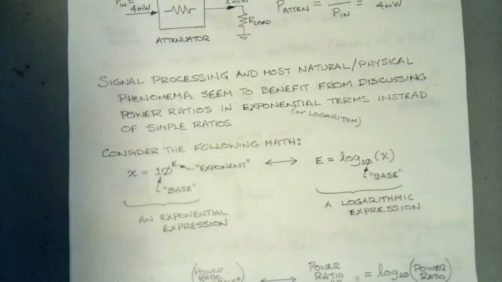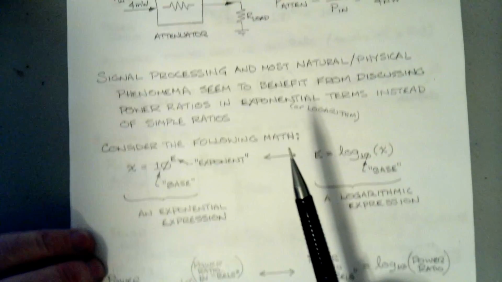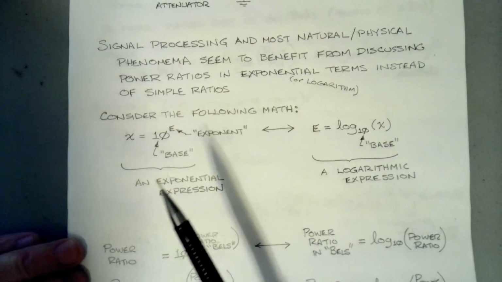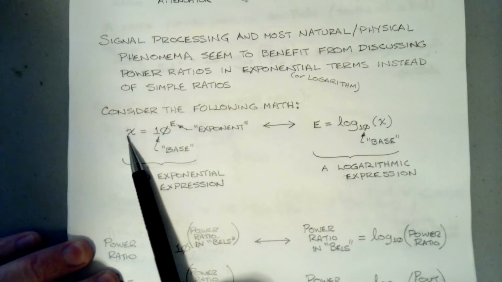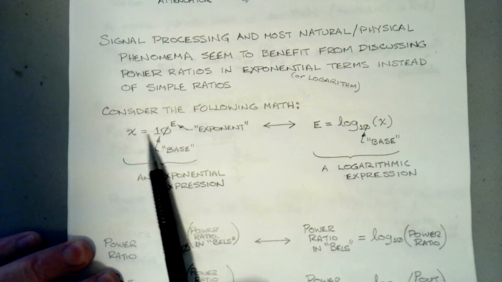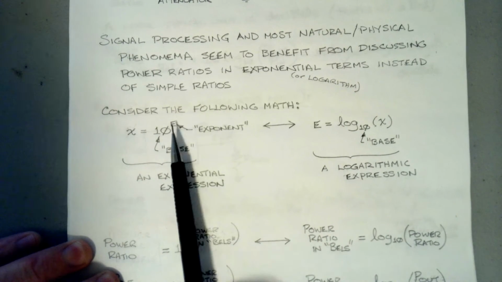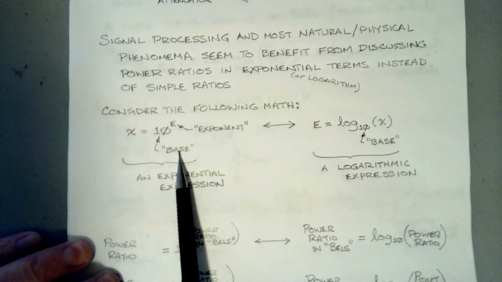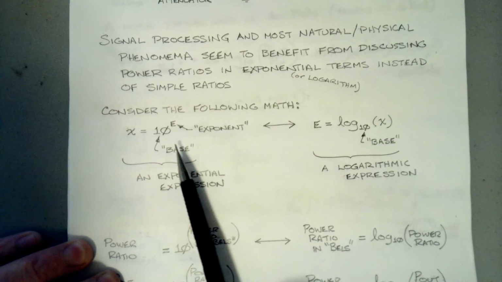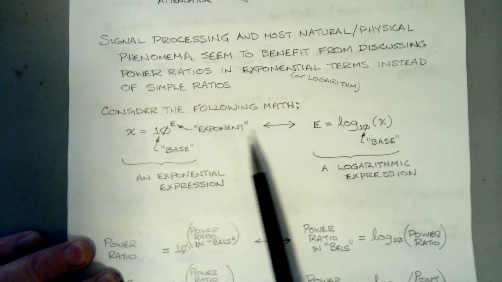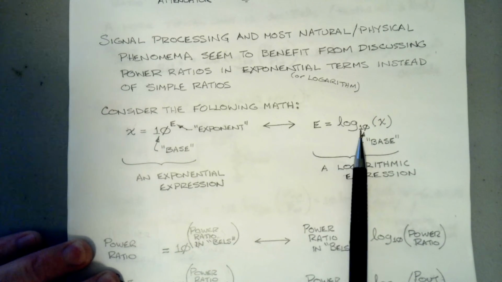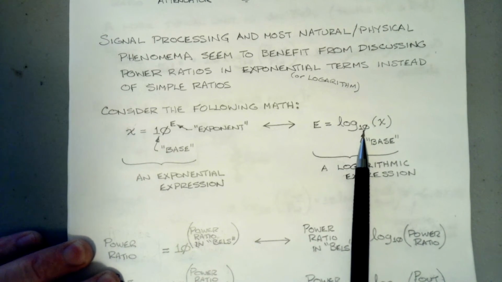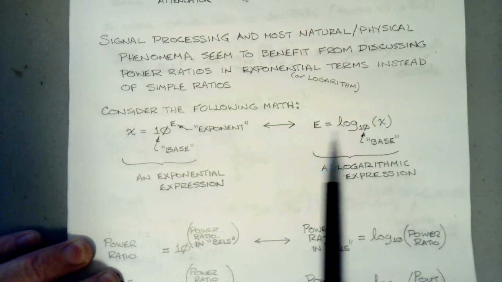So let's take an example here. First of all, the classic math statement about exponential expressions and logarithmic expressions. If I have x equals 10 to the e, e is the exponent, 10 is the base. The other expression I can write, you can call it an inverse function if you like, is e is equal to the log to the base 10 of x, okay?